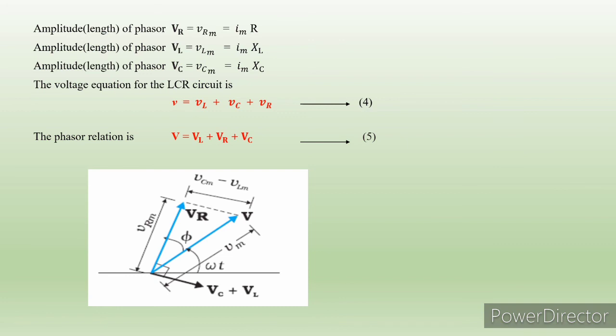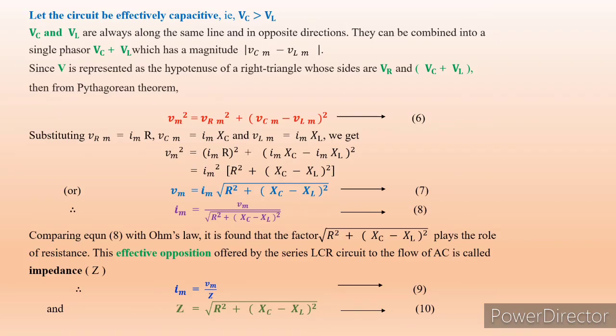The magnitude of the vector VC plus VL is equal to VC minus VL. Let the circuit be effectively capacitive, that is VC greater than VL. VC and VL are always along the same line and in opposite directions.